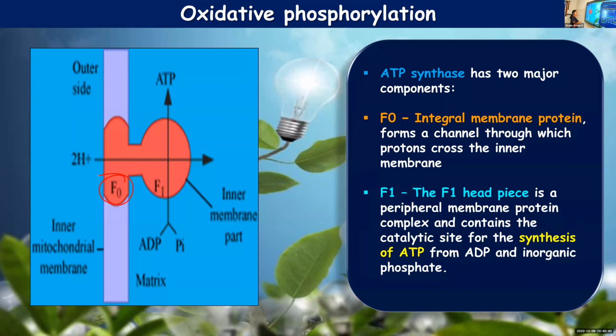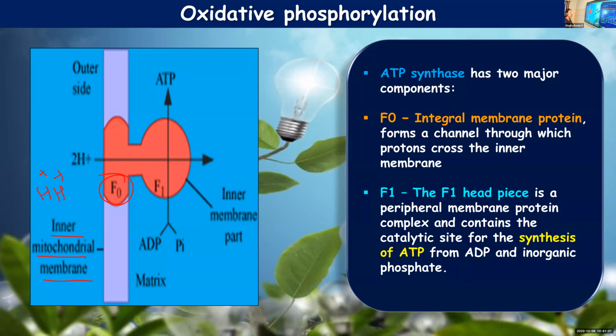F0 is embedded in the inner mitochondrial membrane, and you call it an integral membrane protein because it is embedded in the membrane. They act as a channel through which the protons will move. As I told you, the concentration of protons will increase as a result of electron transfer.